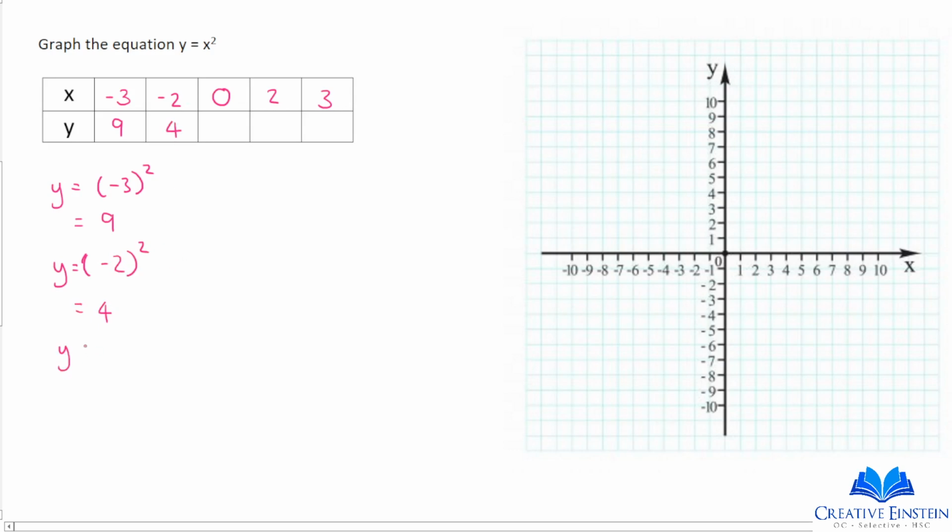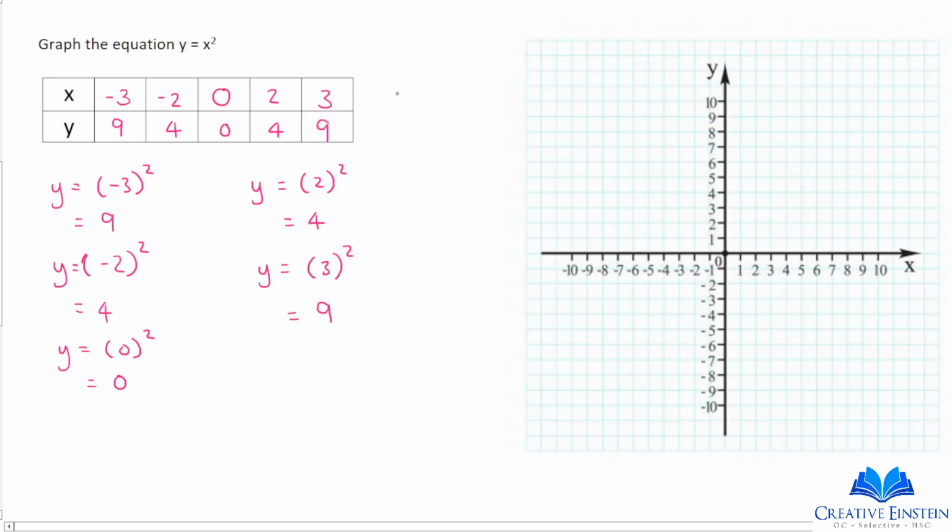When x equals 0, 0 squared equals 0. Now we're looking at x equals 2, so y equals 2 squared is 4. So when x equals 2, y equals 4. And our last one, x equals 3, so y equals 3 squared equals 9.